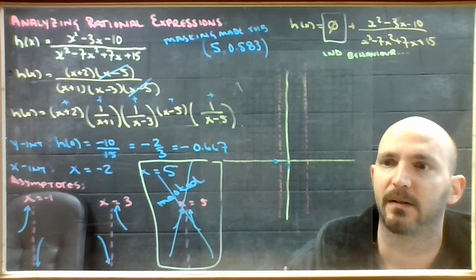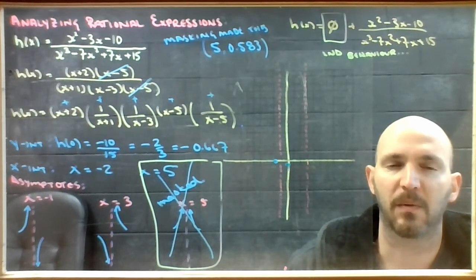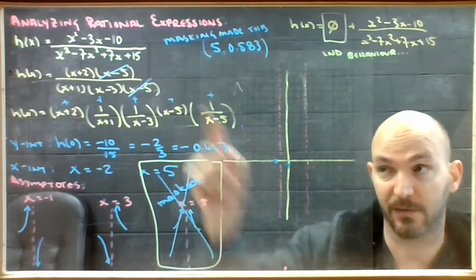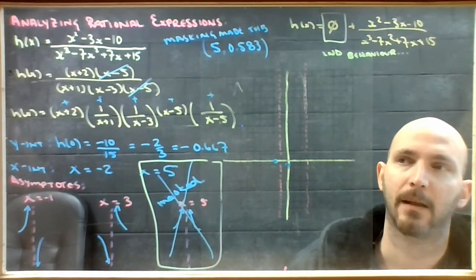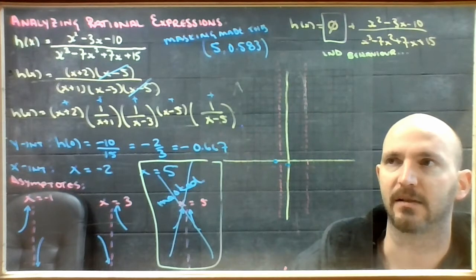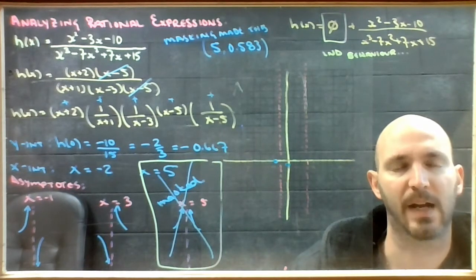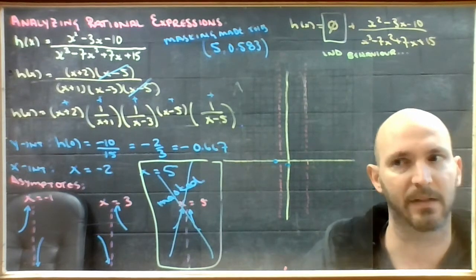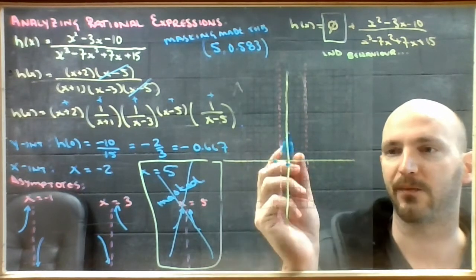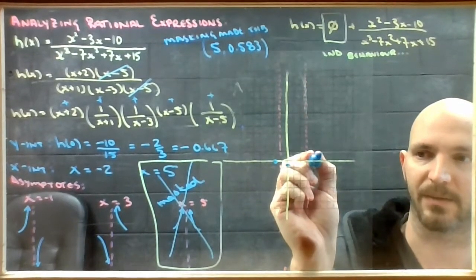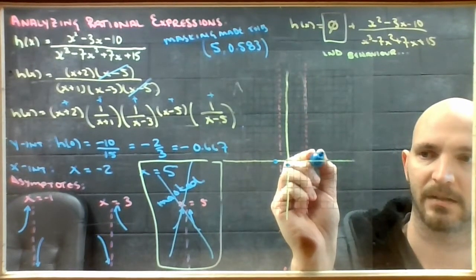5, 0.583. Now, you remember we put the limits in, and you remember when I put a 5 into the function, I got an error. So this little spot doesn't actually exist. So what it looks like on your graph is a hole punched through the grid. So I'm going to draw that in there. At 5, 1, 2, 3, 4, 5, and 0.583, that's about here.